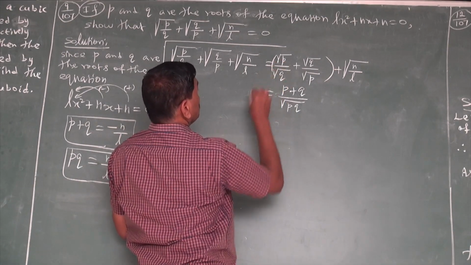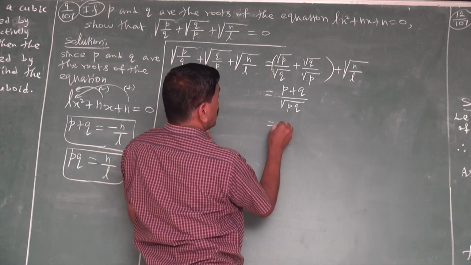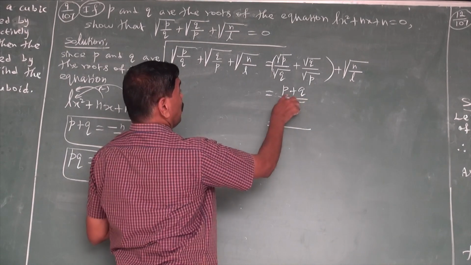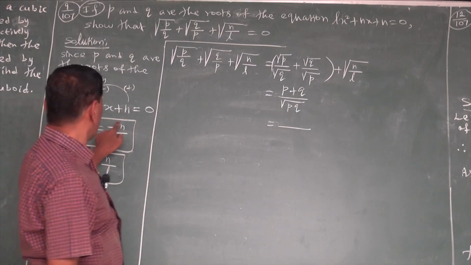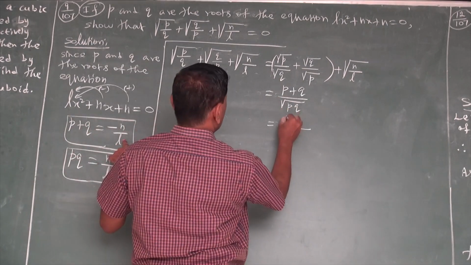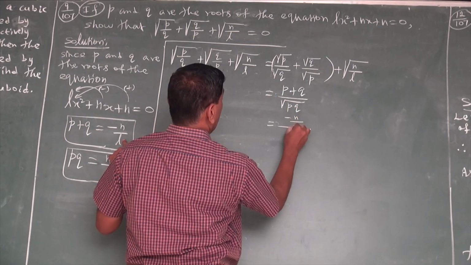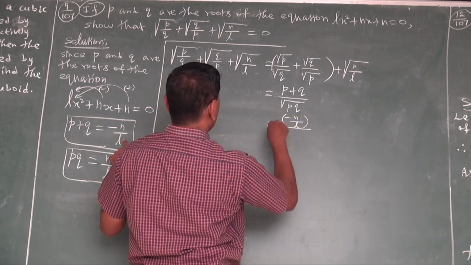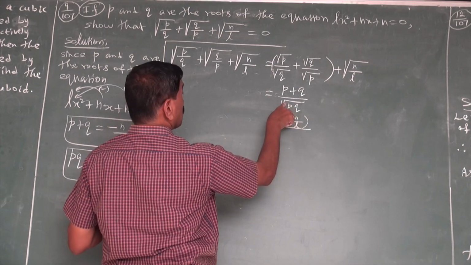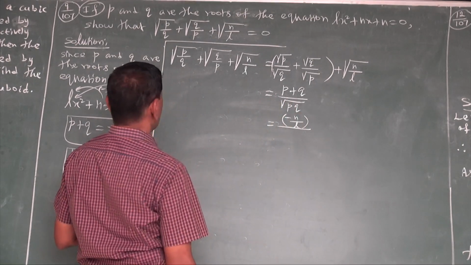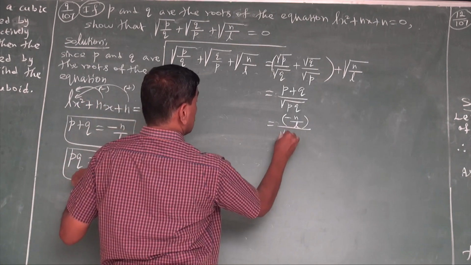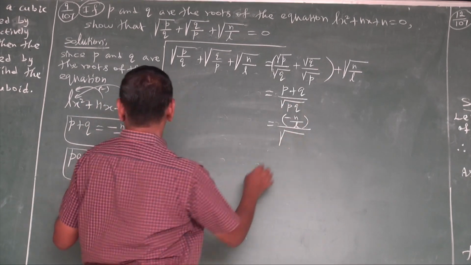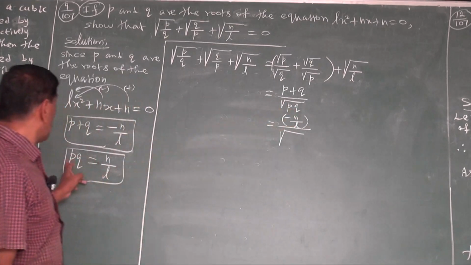Okay. Next, which is equal to, now by the condition, p plus q is the sum of the roots. The sum of the roots p plus q is equal to minus n by l from the beginning. So minus n by l is the numerator. The denominator is square root of p into q. Here the denominator square root of p into q means the square root is fixed, and pq is nothing but the product of the roots.